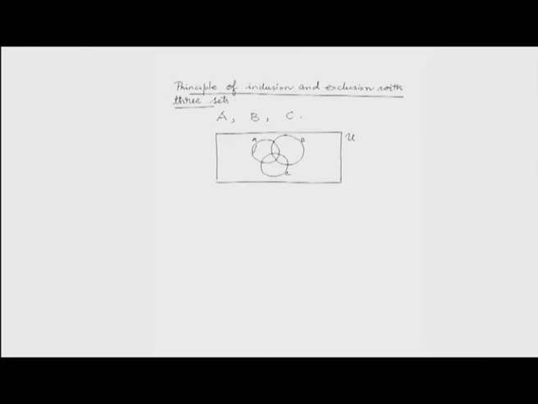Now, this region is A intersection B complement intersection C complement. This region is A intersection B intersection C complement.